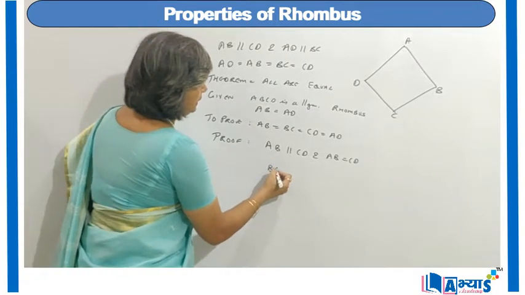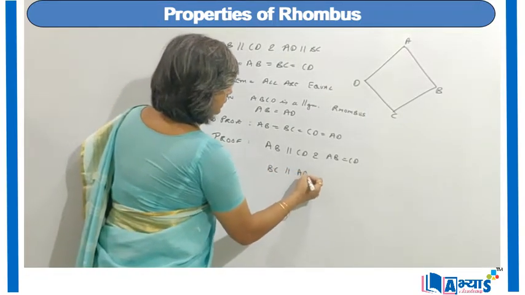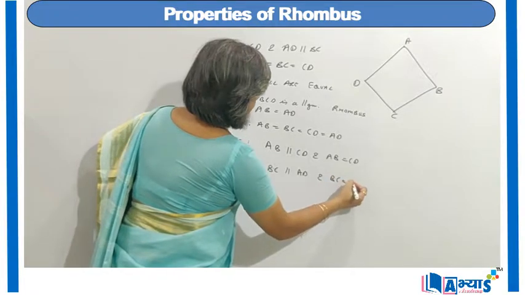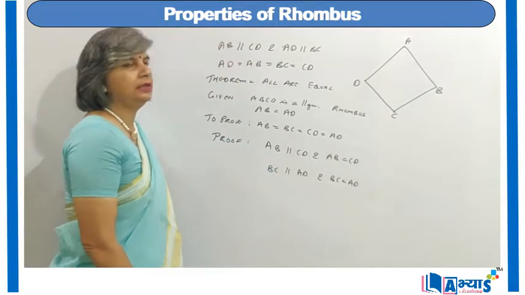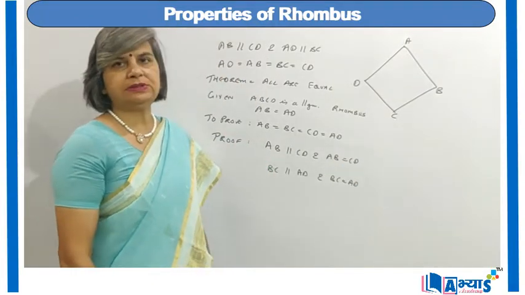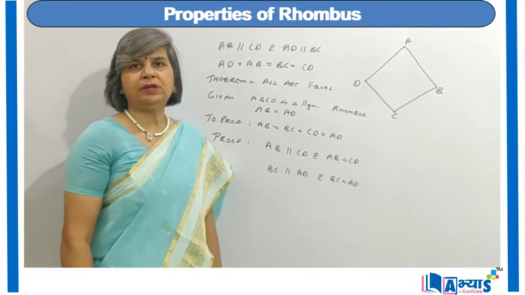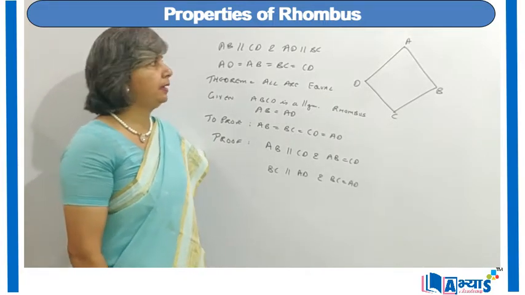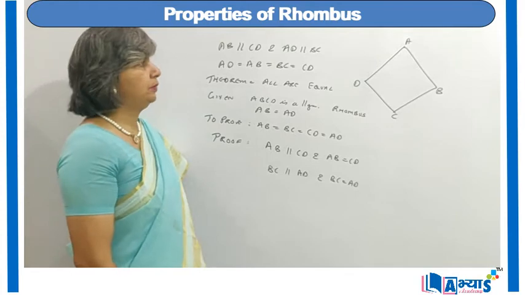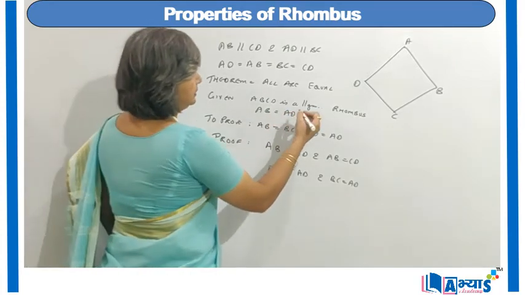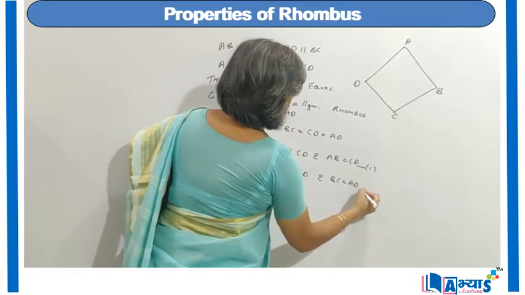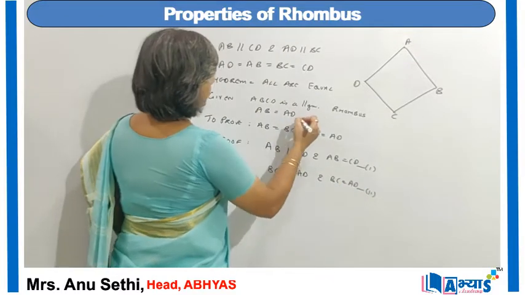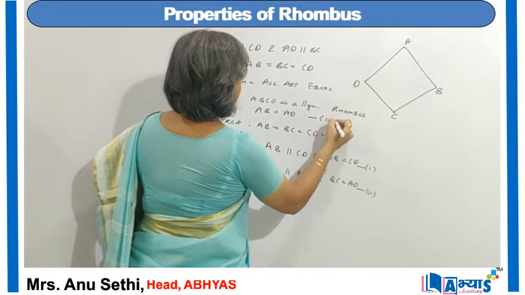Similarly, BC is parallel to AD and BC is equal to AD, because BC and AD are opposite sides of a parallelogram. So AB is equal to AD. Let us mark these as equation 1, equation 2 and equation 3.